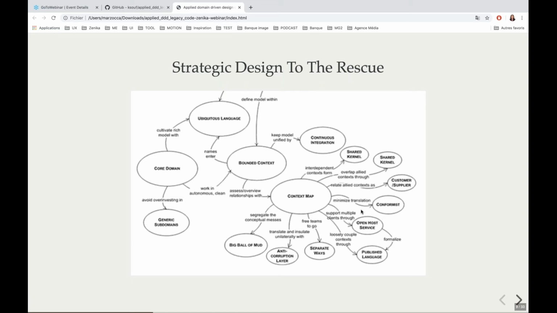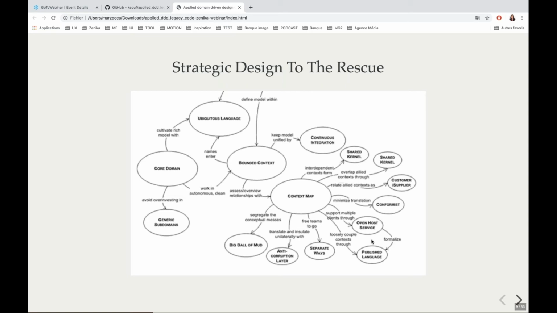It can't modify it, and is going to include it directly in its model. We have the open host service, which we're going to talk about in detail. And sometimes bounded contexts don't communicate at all, so we are talking about separate ways.